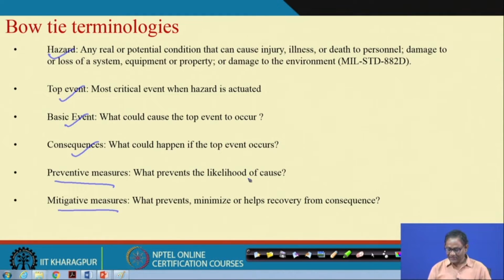Similarly, mitigative measure is what you will do so that the impact of an accident will be minimized. It is nothing but that you will minimize the impact or recover from the consequences. So, in one way or another these are the explanations. Many times I have explained all those things, so I do not think that you require further explanation here.